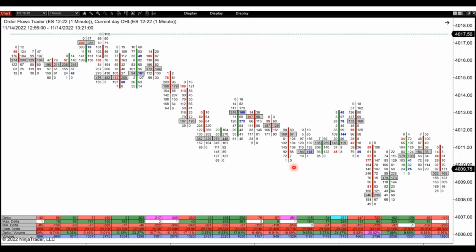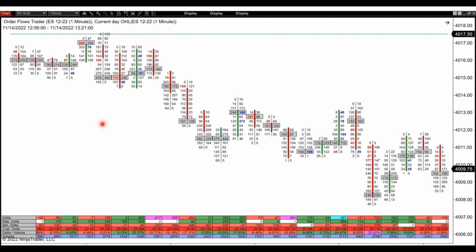The footprint chart is very usable because it's going to give you information. It's going to give you the volume traded on the bid, the volume traded on the offer at a price, right? It's going to allow you to see what traded in the two-way auction between the bid and the offer. It's going to allow you to see where more trading was taking place. Was it more trade taking place on the bid, or more on the offer?